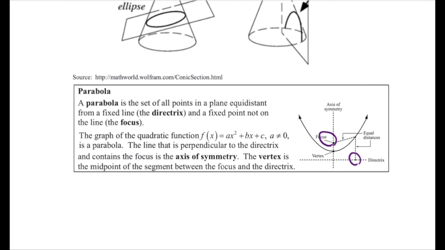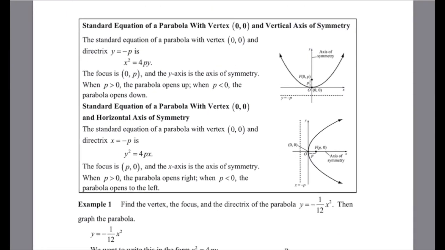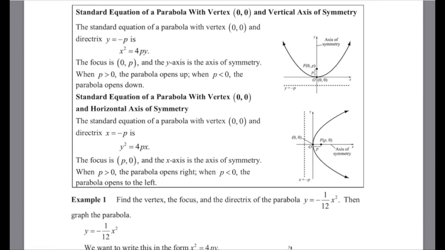So no matter where I put my point on the parabola, it is equidistant to the directrix, which is a line, and to the focus. We have a standard equation of a parabola if we are centered at the origin.